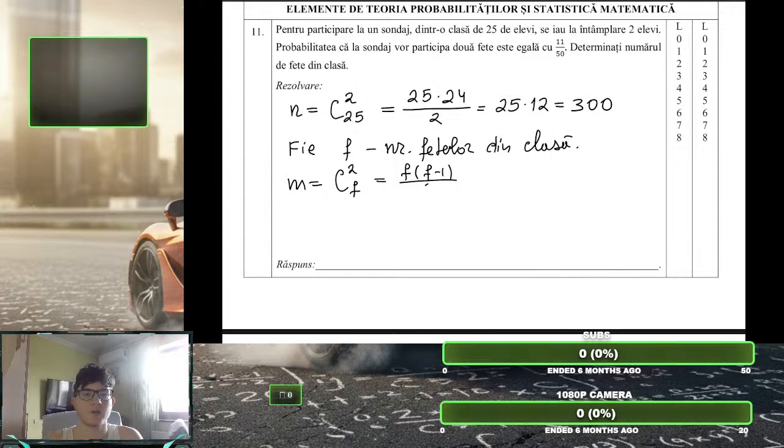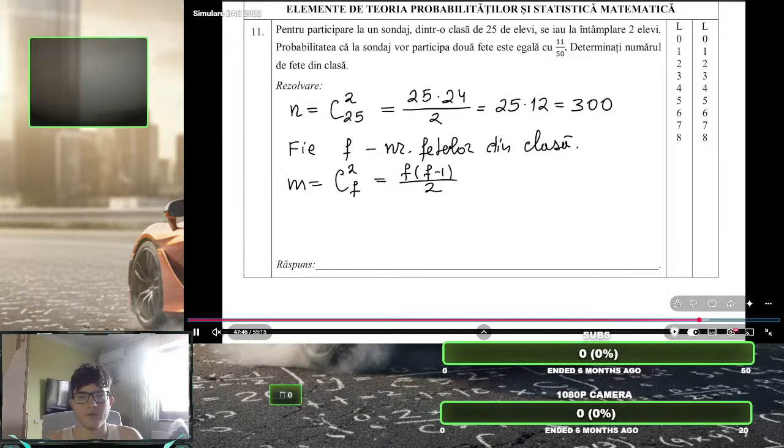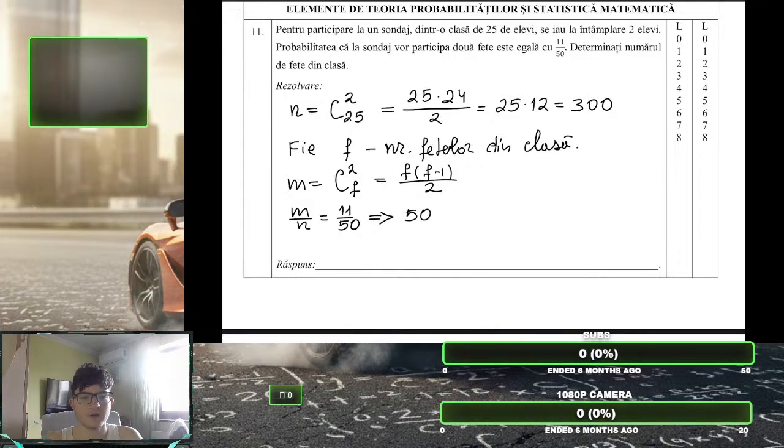Was it necessary to calculate n, which is 300? Anyway, we got f times (f minus 1) over 2, equal to 11 divided by 50. Actually, m divided by n is 11 by 50, so now we know n, we know m, plug it in and work from here.